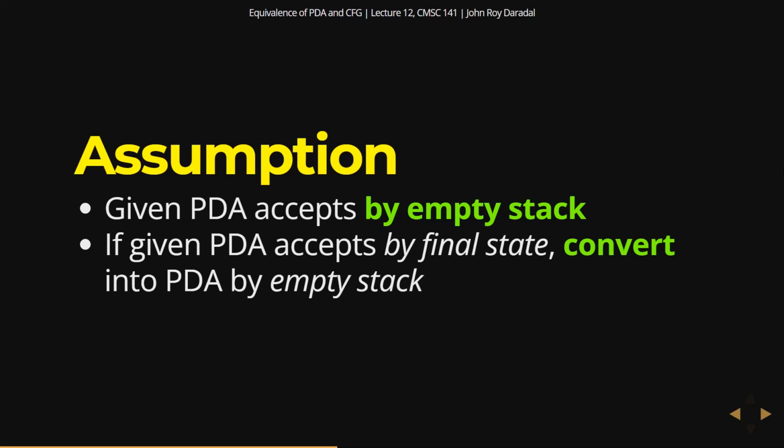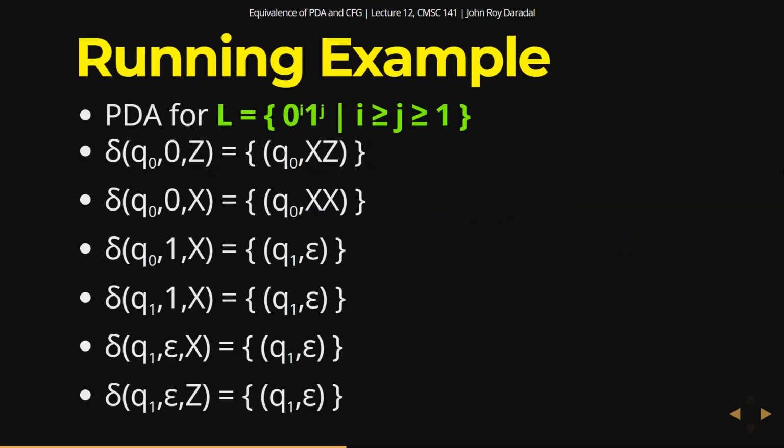Okay. So we will use this PDA as our running example, and it's the PDA for the language 0^i 1^j, wherein i is greater than or equal to j and both are greater than or equal to 1. Okay, so what this means is it's a series of zeros followed by a series of ones, wherein the number of zeros could be greater than or equal to the number of ones.